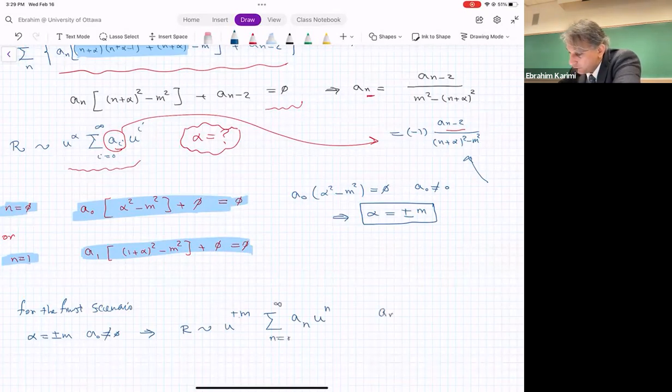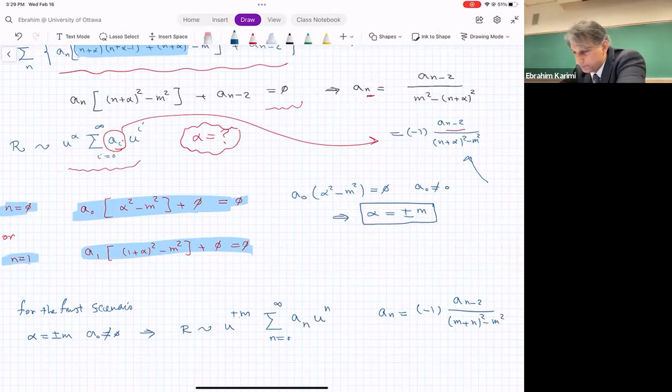But definitely I know that An is given by minus 1, An minus 2 divided by n times (2m plus n) minus m squared. I assume positive. Negative, you can consider that also, that will be another series. Good?